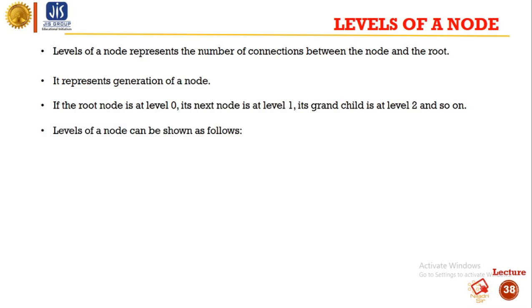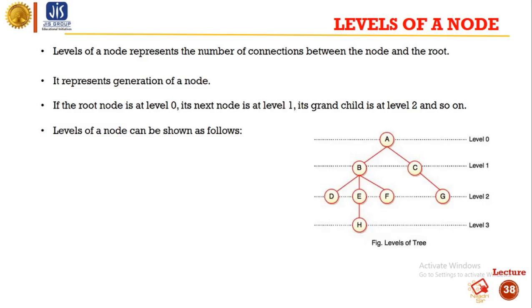Now, the level of a node can be shown as follows. The level of A is 0; the level of the root is always 0. A has two children, B and C, so the level of B and C is 1. B has three children and C has one child, so all the children of B and C are at level 2.